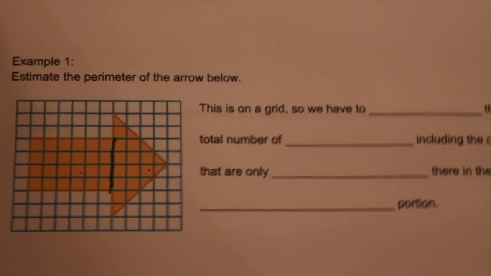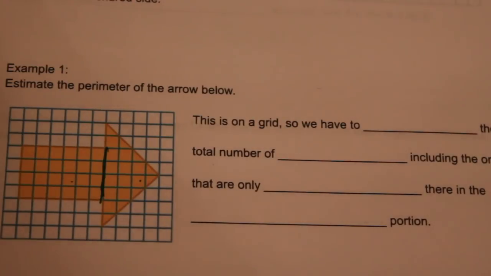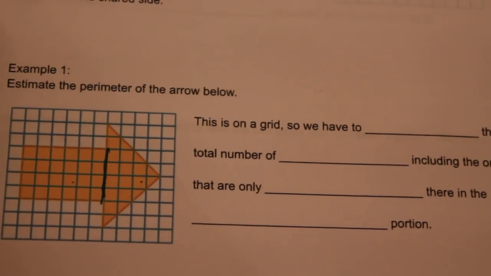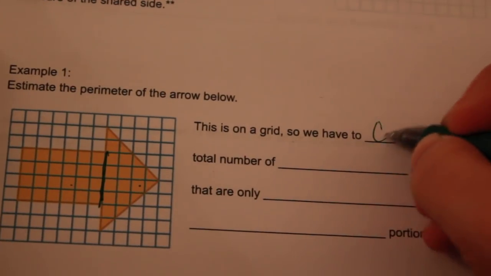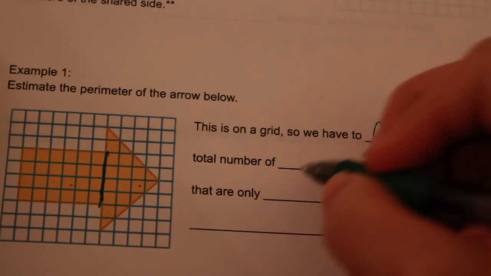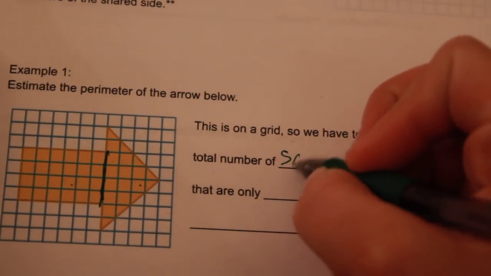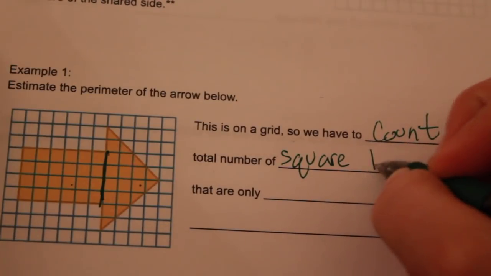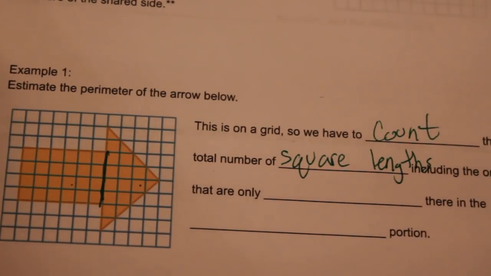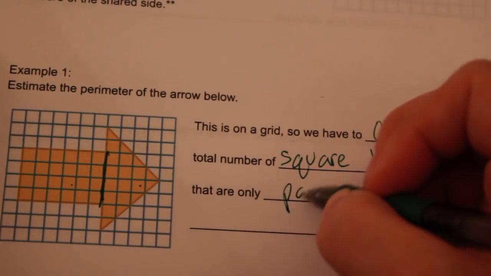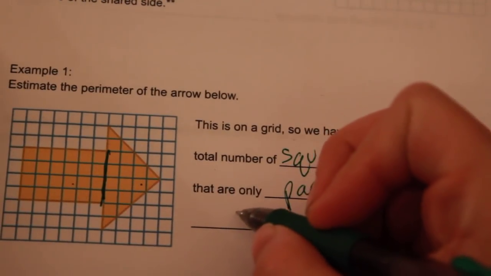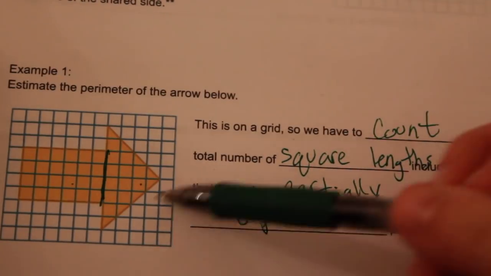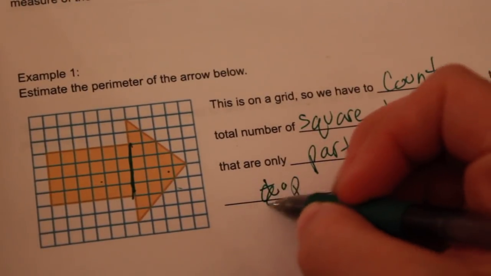So, to estimate the perimeter of this arrow, it's on a grid, so we have to count the total number of square lengths, including the ones that are only partially there in the top portion, the triangular portion.